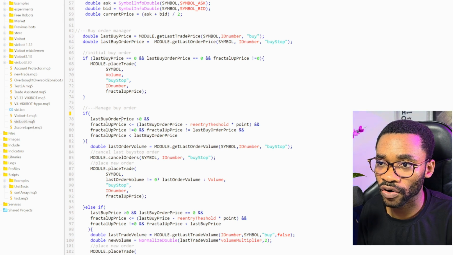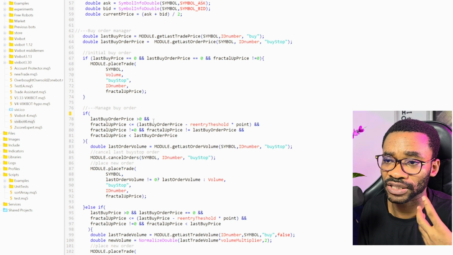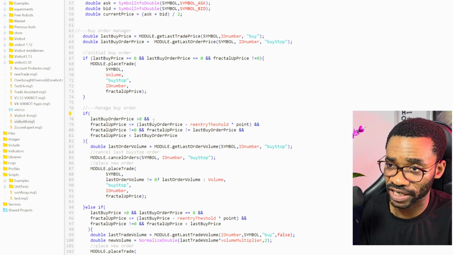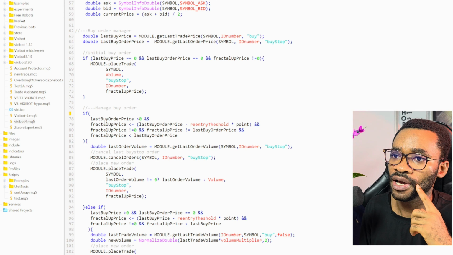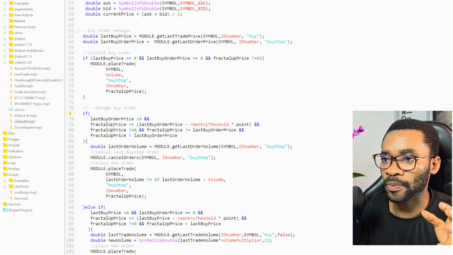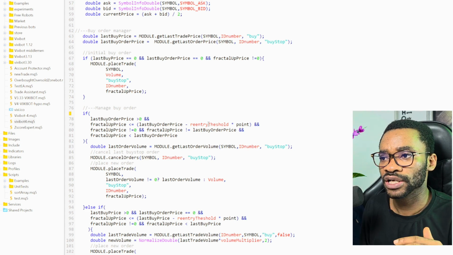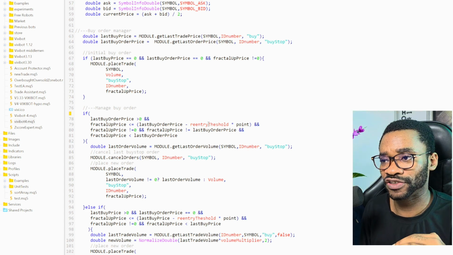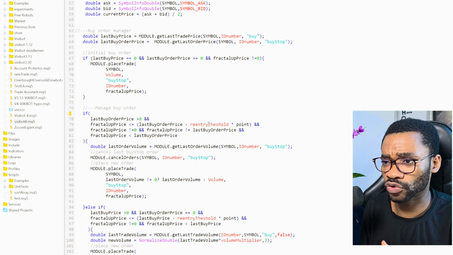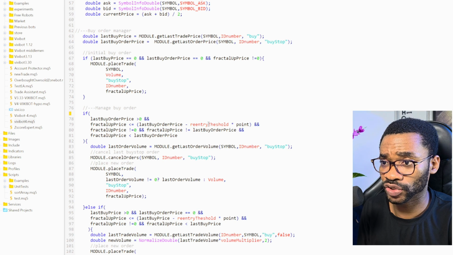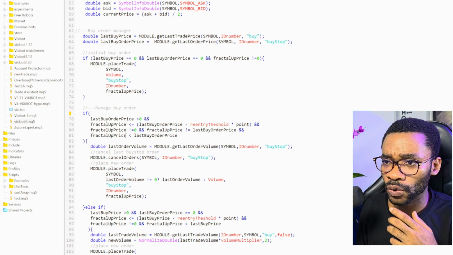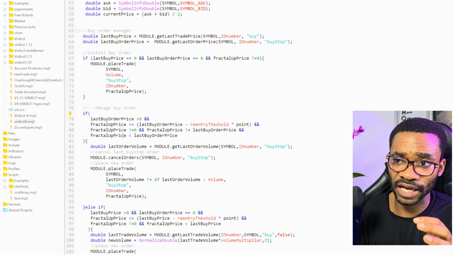If last buy order price is greater than 0, which means there's a pending order, and our fractal price is less than the re-entry threshold, in which we put up to a certain point. So if it's up to 100 points by default, or whatever might be the default in the future, what we are going to do is make sure that fractal is available.